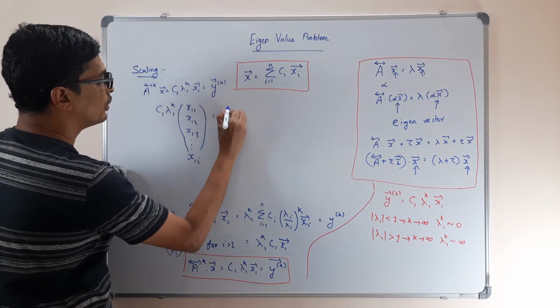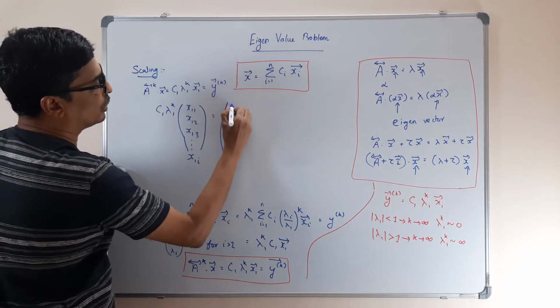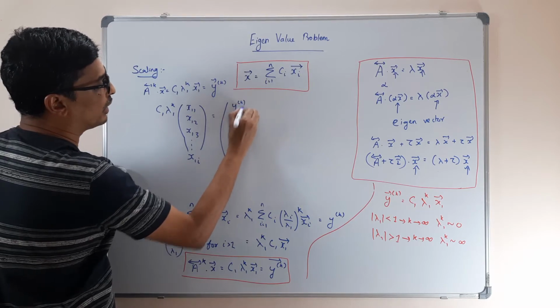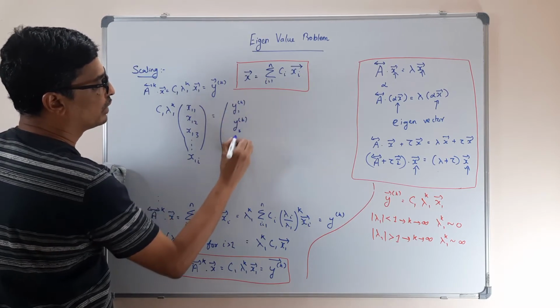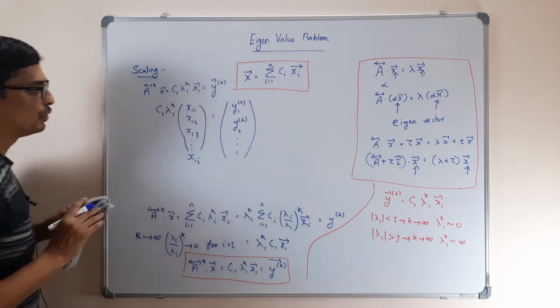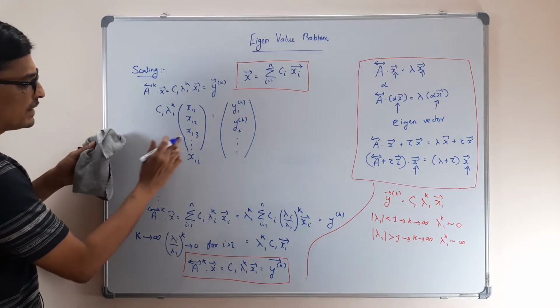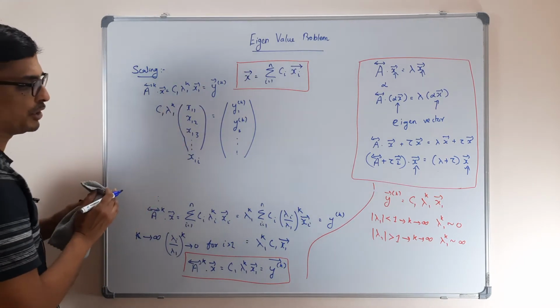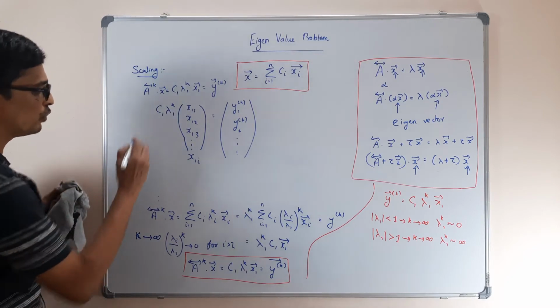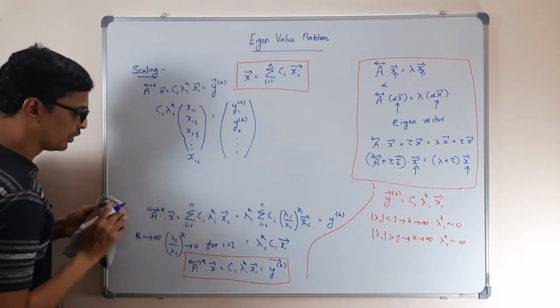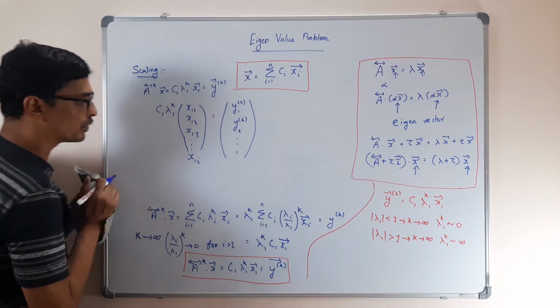And this will be equal to, similarly, y1 k, y2 k, and so on. In general, let me take the ith component from here. When I take the ith component, the equation is going to become the following.